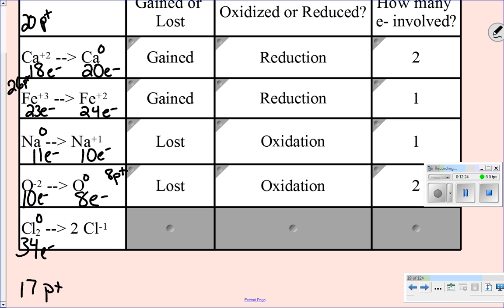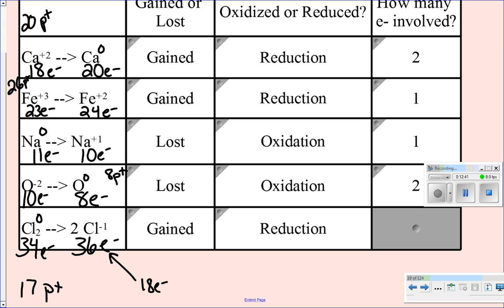Each of these individual chlorines has gained an electron, so each has 18 electrons. There's 2 of them, so we're talking about 36 electrons here. In this case, we have gained 2 electrons to go from 34 up to 36. This is a reduction. And if you look at the charge, we're going from 0 down to -1, so we're seeing that charge go down. And we're talking here about 2 moles of electrons.